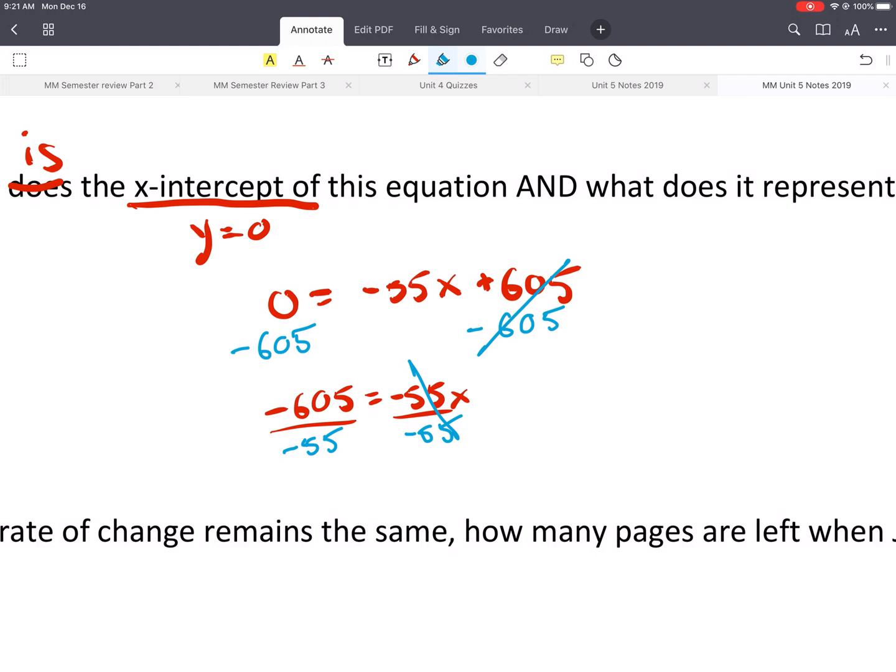And then you probably want to just grab a calculator and say negative 605 divided by negative 55. And that ends up giving you x is equal to 11. So our x-intercept would be (11, 0).